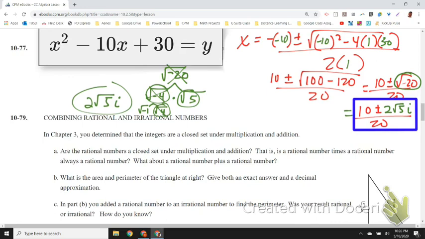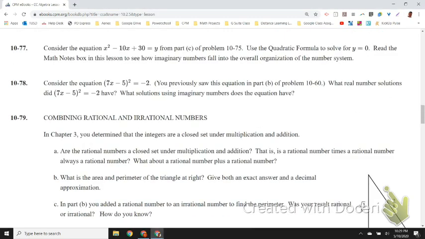Okay? And we're going to do one last question here for today. So we're going to skip 10-79. We're just going to wrap this up with 10-78. Okay? And it says, consider this equation, the quantity 7x minus 5 squared equals negative 2.